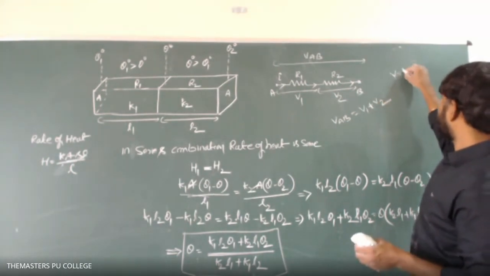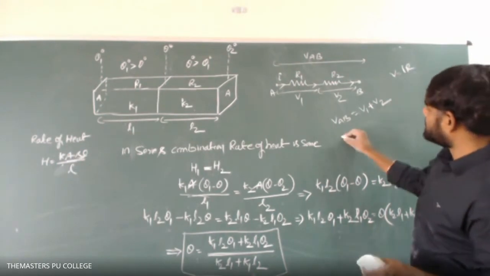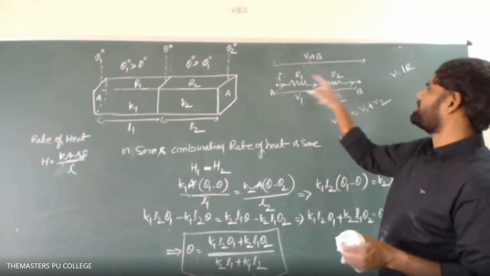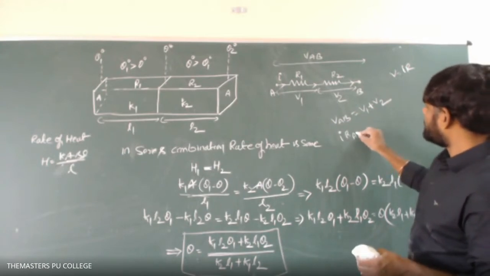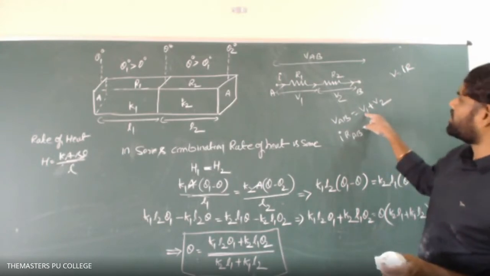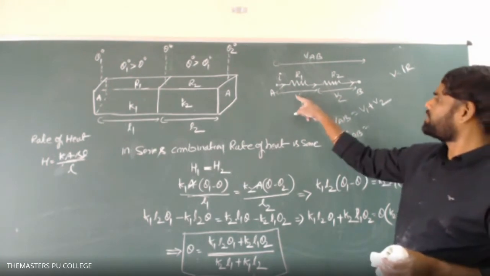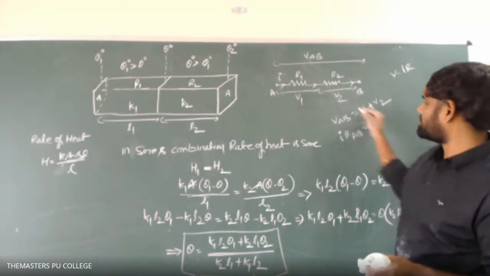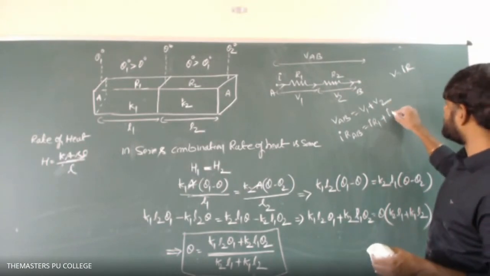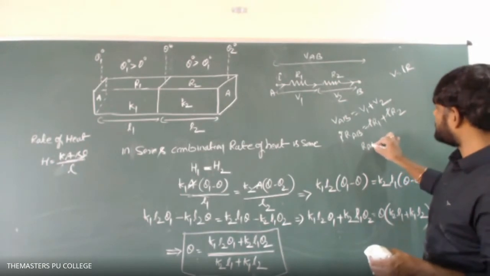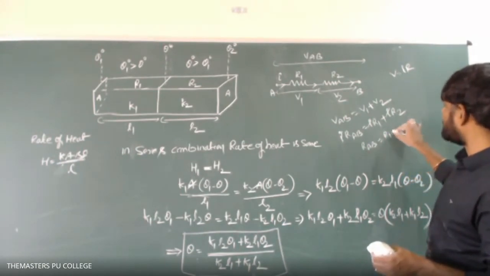According to Ohm's law, V is equal to IR, potential difference is the product of current and resistance. The current between A and B is the same, that is I. So I times the resistance between A and B equals V1, which is I R1, plus V2, which is I R2. This I gets cancelled.